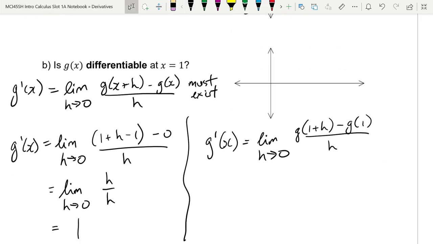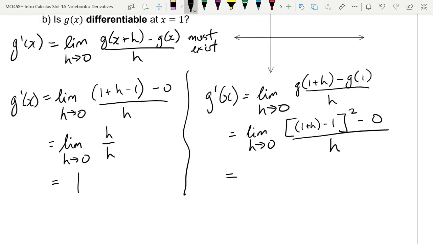But g of x this time is the function x minus 1 squared. So plug in 1 plus h into x minus 1 squared, and I'm going to get h squared. g of 1 is still 0.